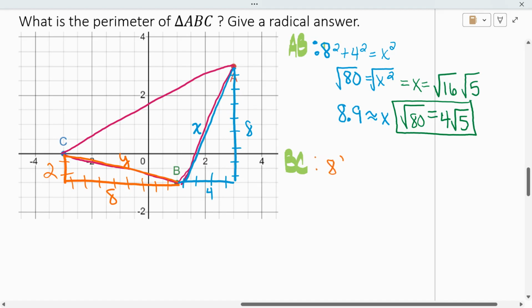So 8 squared plus 2 squared equals Y squared. What is 8 squared plus 2 squared? 68.